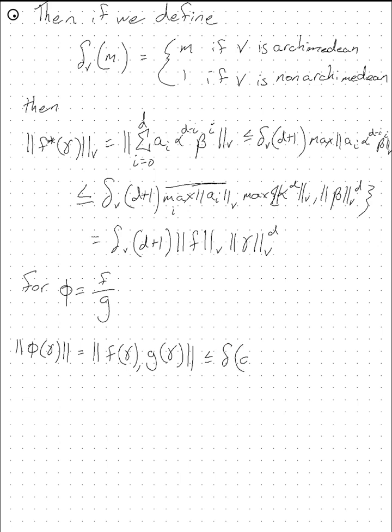So it looks like this: d plus 1 max of f, g, times the magnitude of gamma at nu, which is just a shorthand for, we can replace that max with the magnitude of phi.